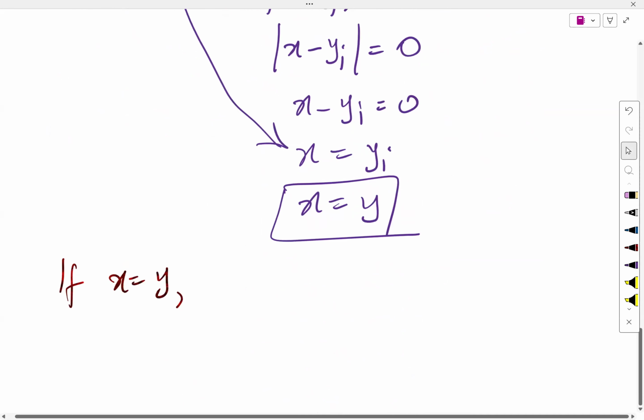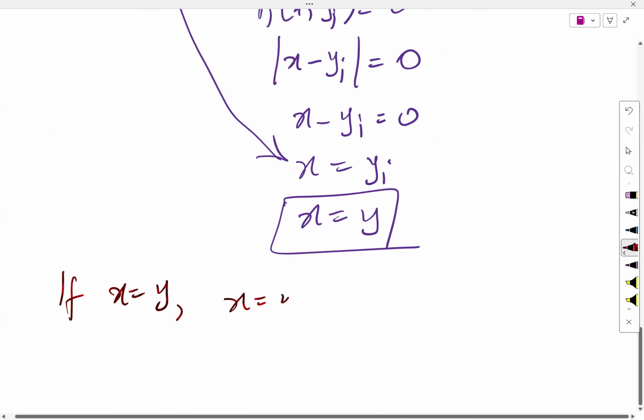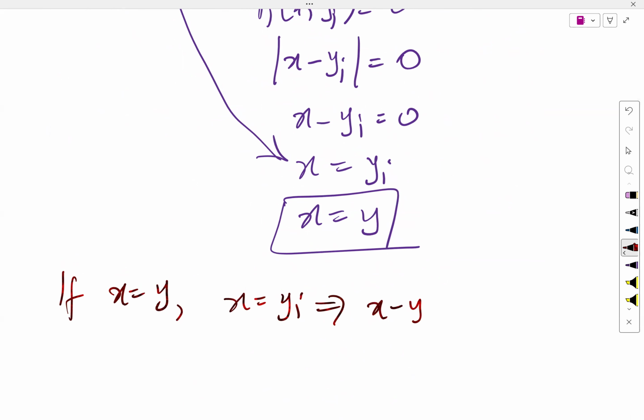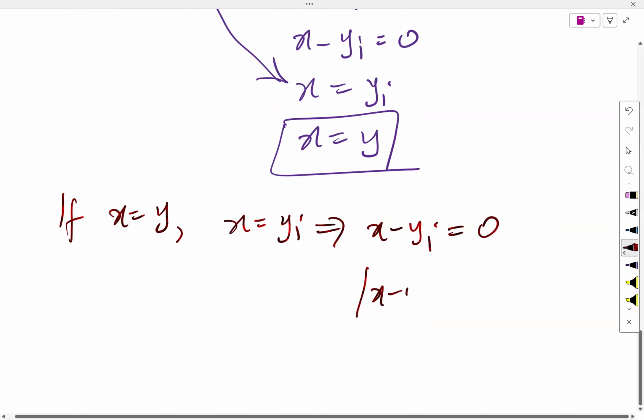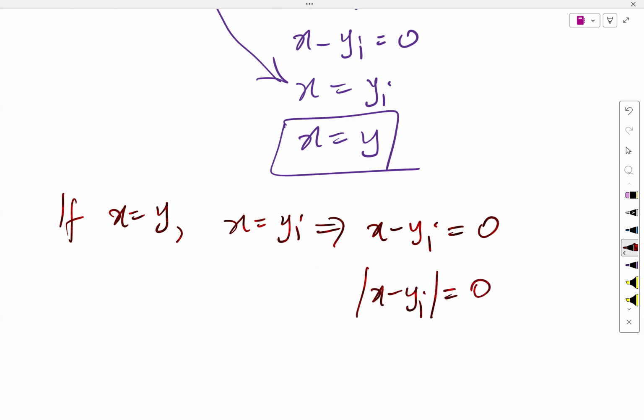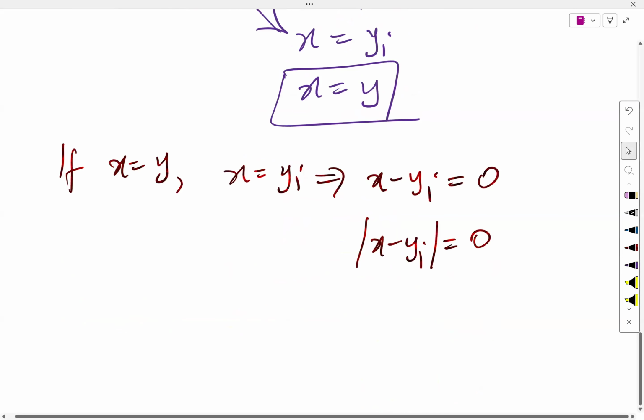If x equals y, it means you can say that x is equal to y_i, and if x is equal to y_i, that means that x minus y_i equals 0, and that means that the absolute value of x minus y_i equals 0. And if that is the case, that simply means that p of x comma y_i is equal to 0.